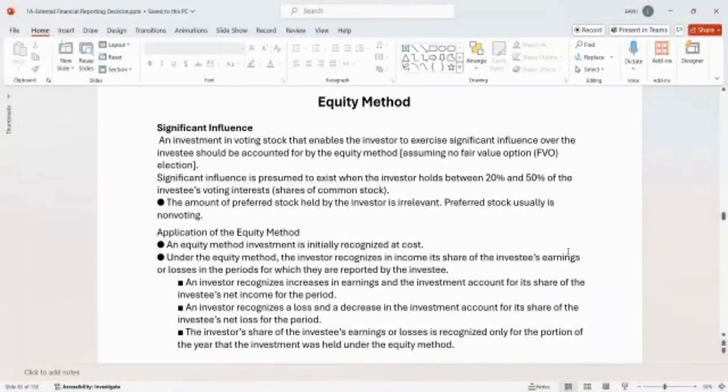An investor recognizes a loss and a decrease in the investment account for its share of the investee's net loss for the period. The investor's share of the investee's earnings or losses is recognized only for the portion of the year that the investment was held under the equity method.